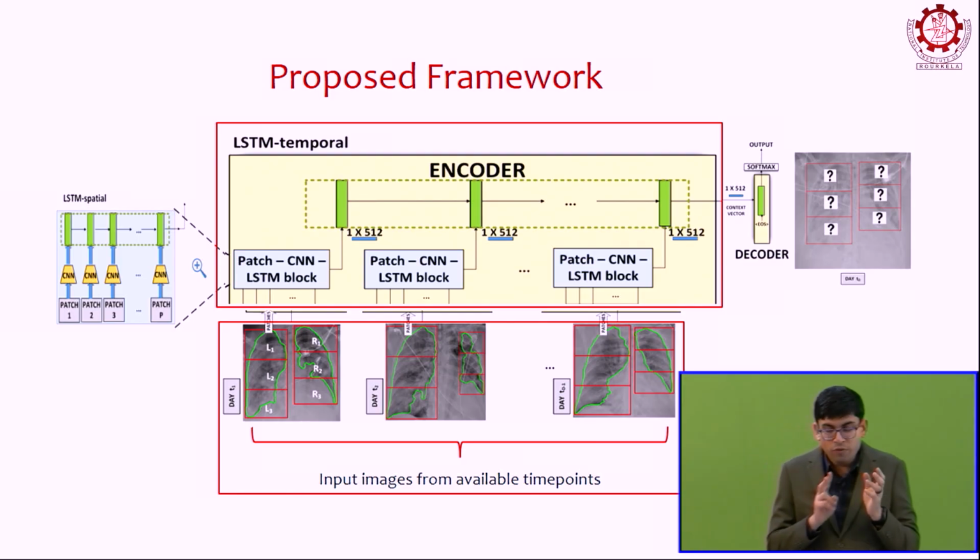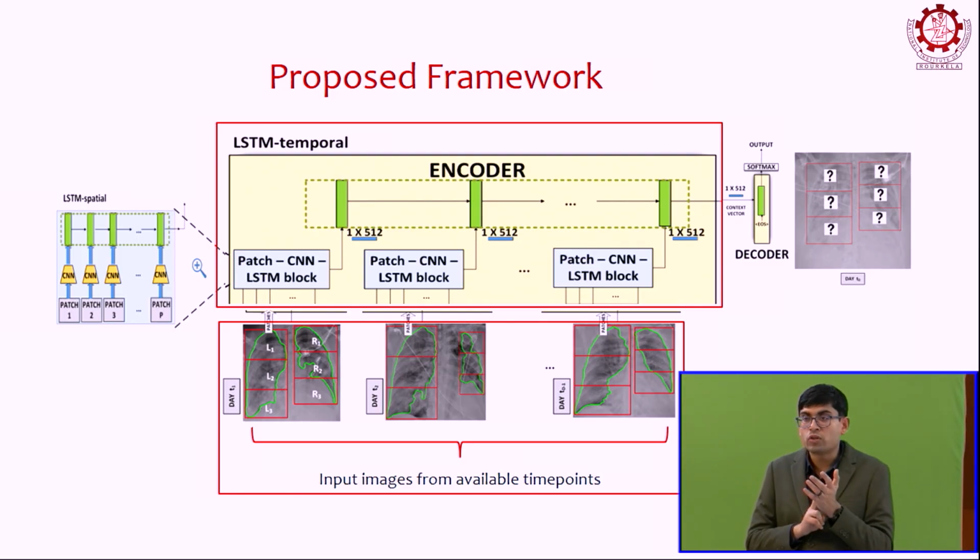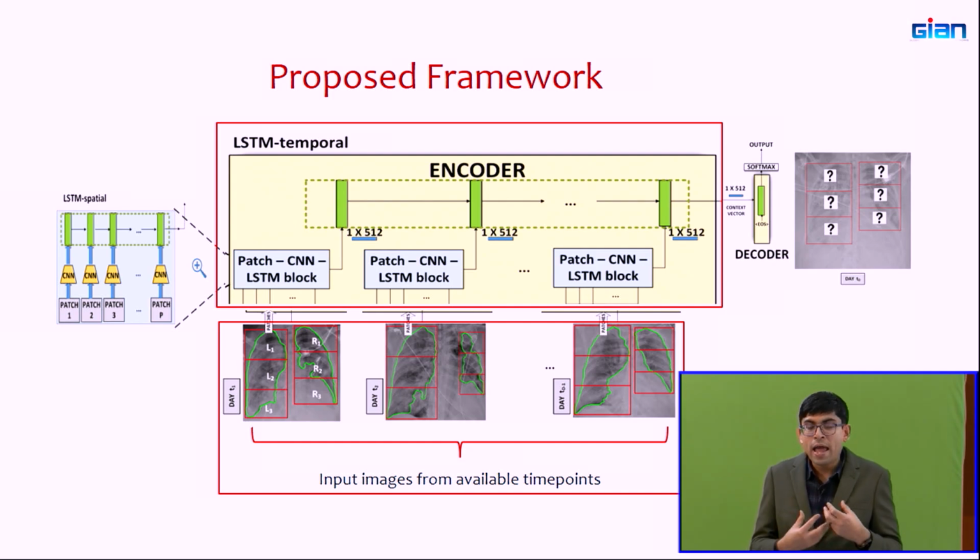So there are two different things that we wanted to study. First, within a given lung, how much is the change in the patterns from the upper lung to the middle lung to the lower lung, and between the time points, what are the changes in patterns.